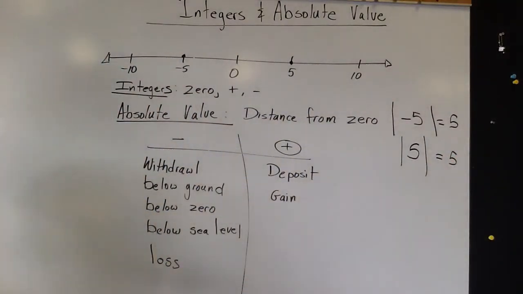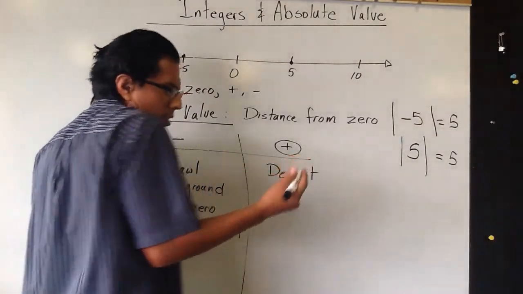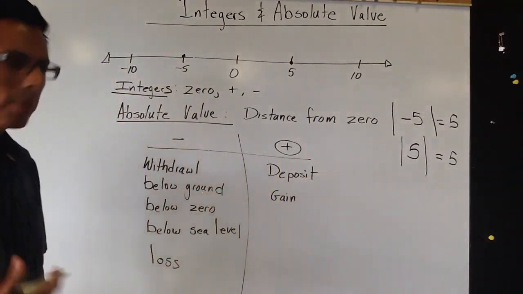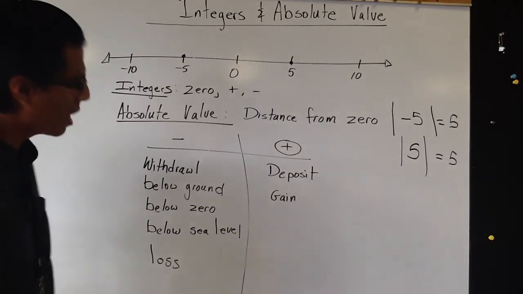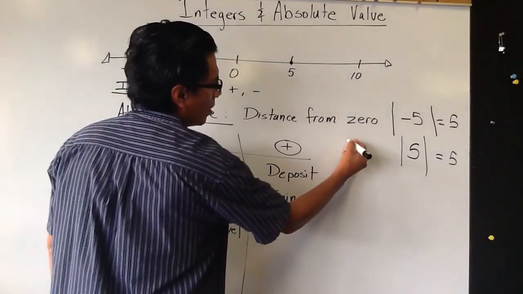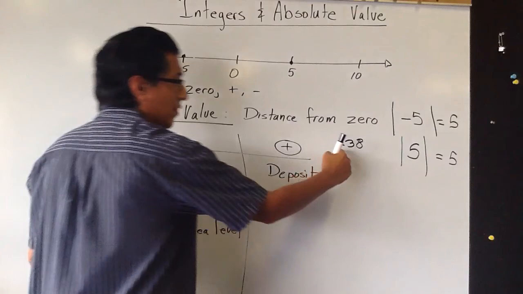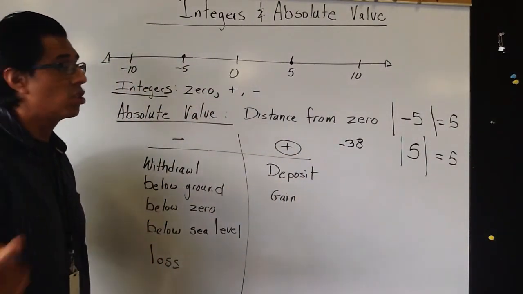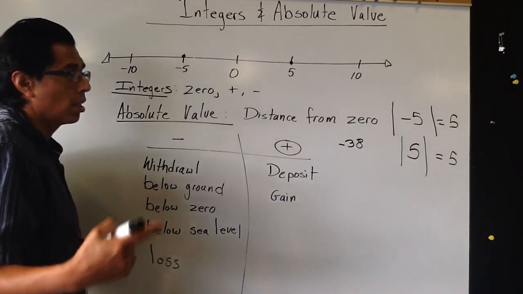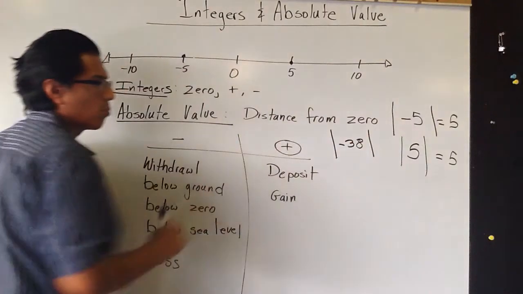Am I going quickly? Yes, because this is all review. How about another one? What is the absolute value of -38? If I leave it that way, that is not the absolute value of 38. It just says -38. If I wanted to express the absolute value, I need those brackets.